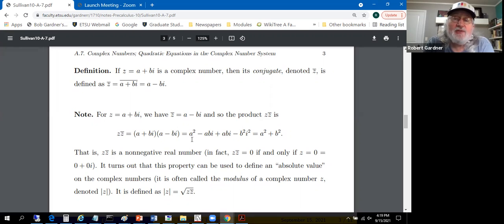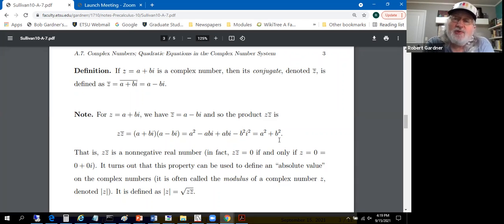You'll end up with a squared minus b squared i squared. Center term cancels, FOIL it out, you'll see that happen. The i squared is -1, so this will become a squared minus b squared times -1, or a squared plus b squared. So when you multiply a complex number by its conjugate, you get the real part squared plus the imaginary part squared.